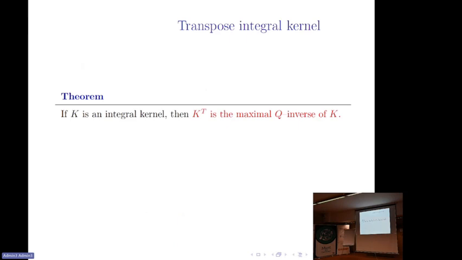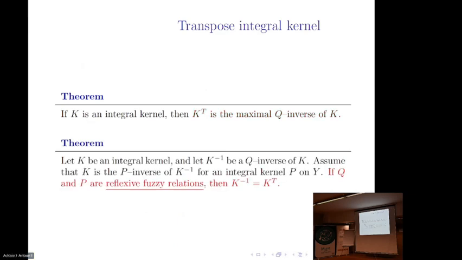Just several theorems. If K is an integral kernel, then K transpose, the transpose of K, is the maximal Q inverse of K. And another interesting one: let K be an integral kernel and let K inverse be a Q inverse of K. Assume that K is a P inverse of that.